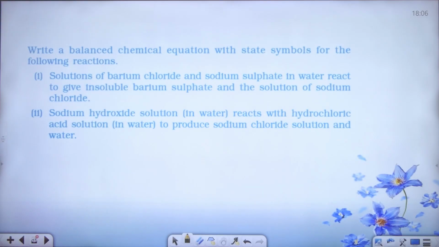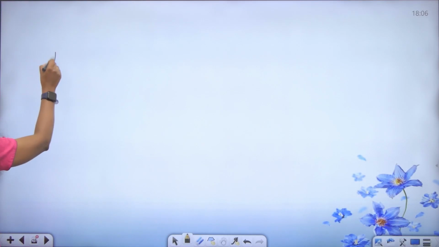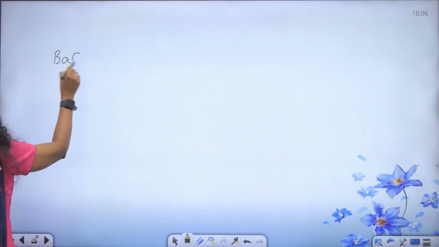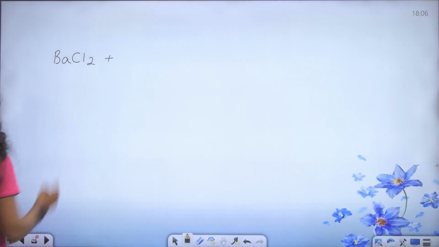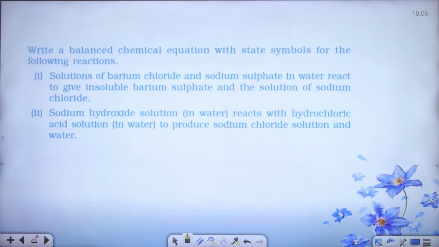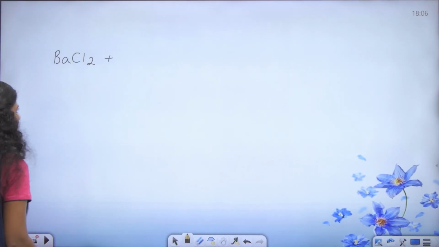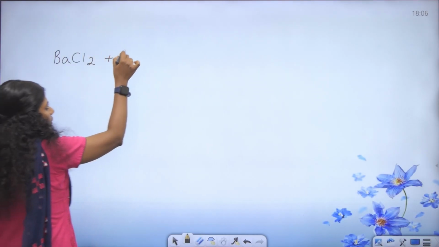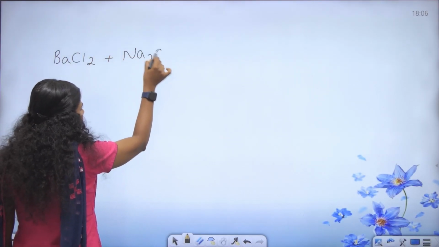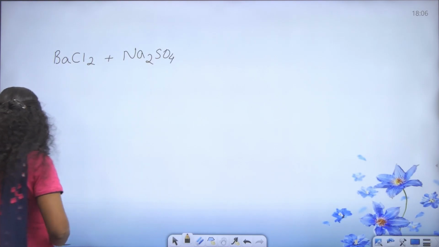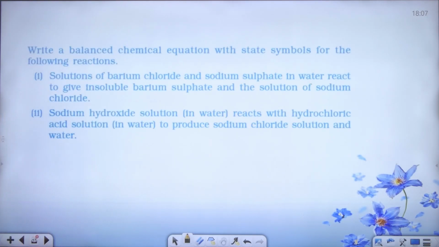Solution of barium chloride. The formula of barium chloride is BaCl2, plus sodium sulfate. The formula of sodium sulfate is Na2SO4.